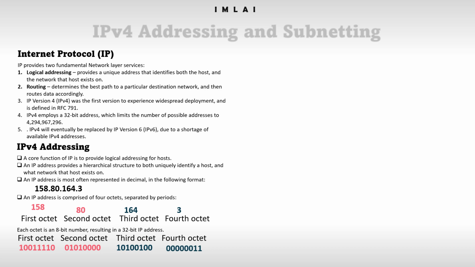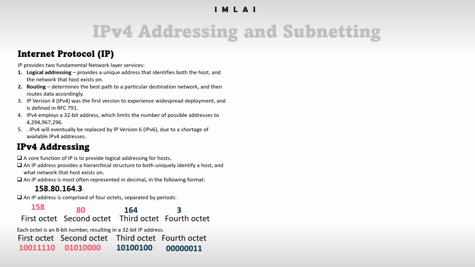If you count the total bits: first bit, second bit, third bit, it has become 8 bits, and this is 8 bits, and this is 8 bits. 8 plus 8 is 16, plus 8 is 24, plus 8 bits is 32. So in total we got a 32-bit IP address. So this is how IP version 4 looks.